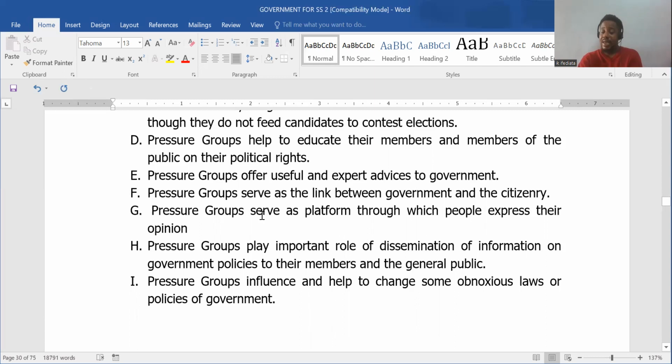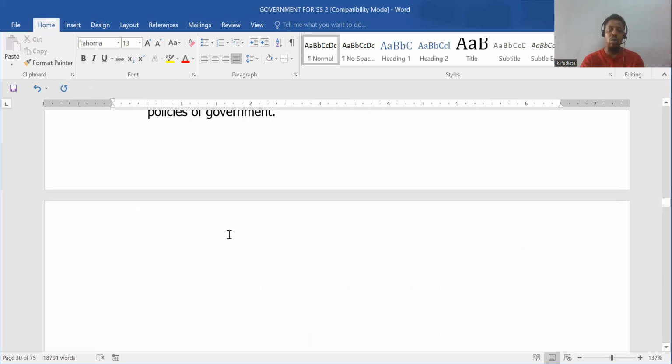So we can regard them as a platform, an avenue which people can use to express their opinion. So they aid information dissemination, right? So pressure groups influence and help to change some obnoxious government laws and policies and lots more, right?